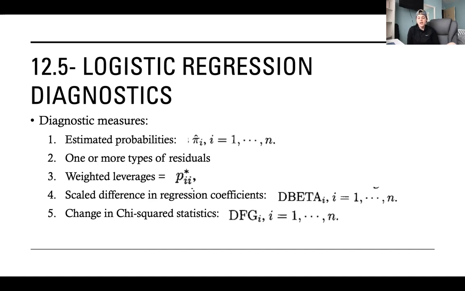And the third plot could be an index plot of dr sub i, d beta sub i, dg sub i, and p sub ii star. Again, these are some graphs that can be used to examine the fit.